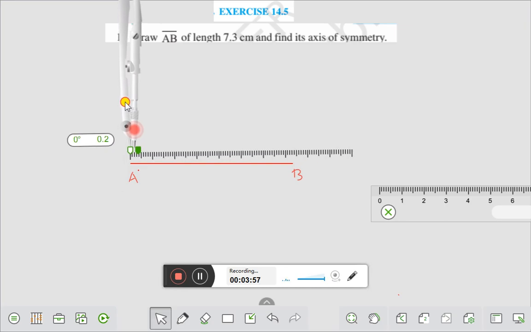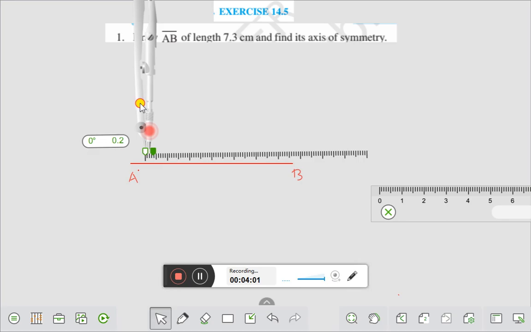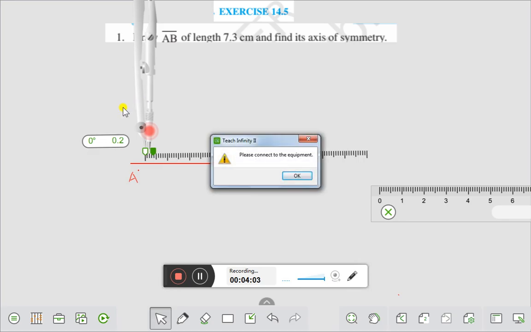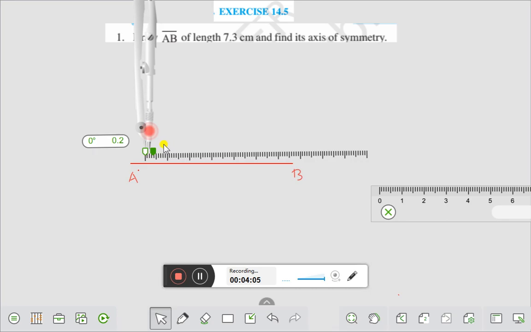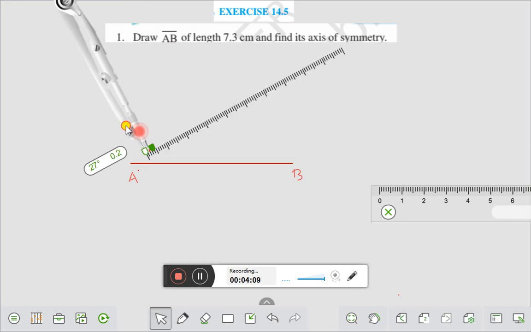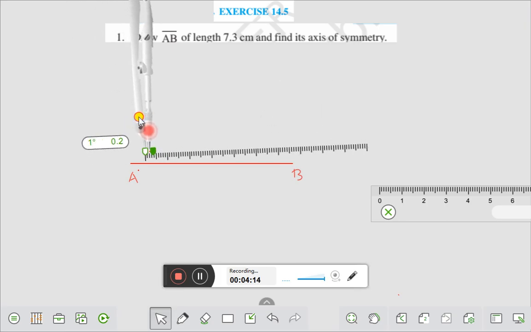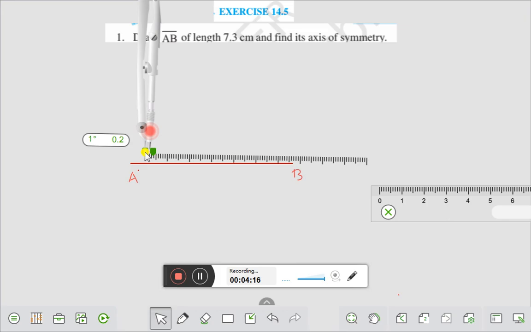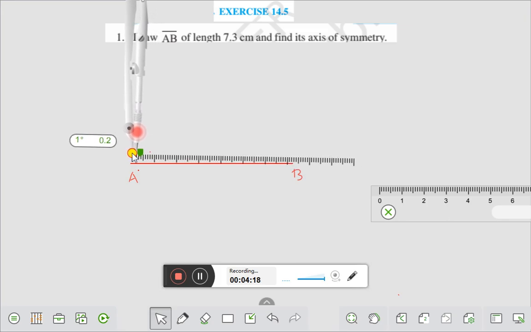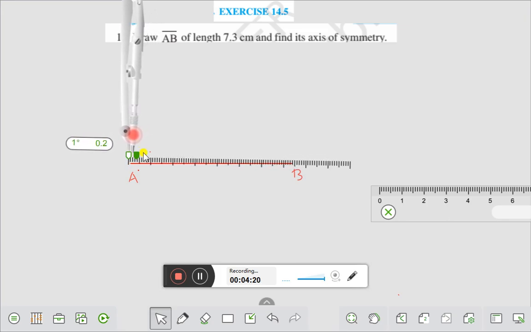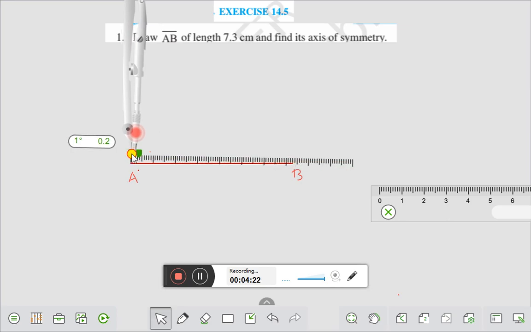Here we'll put the pointer at the point A, with point A as center. Right? We have taken point A as center.